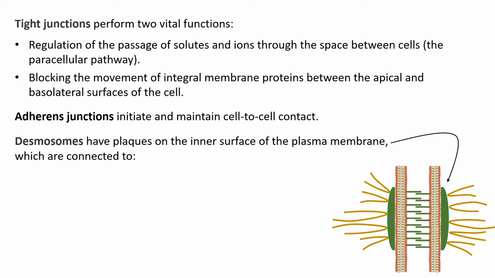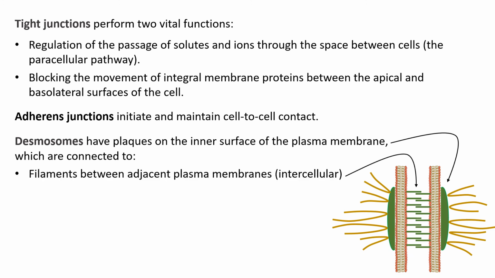So here we've got two plasma membranes of adjacent cells. Both have their green plaque there. And then we have filaments between the two cells, intercellular, between the adjacent plasma membranes. Those filaments can be unzipped. They look a bit like a zip.